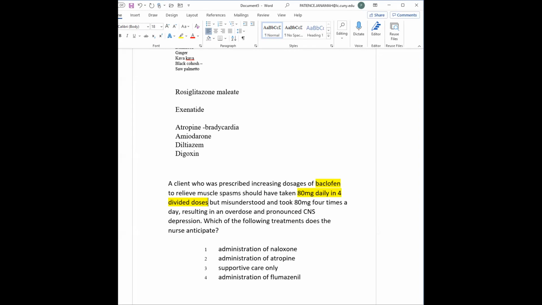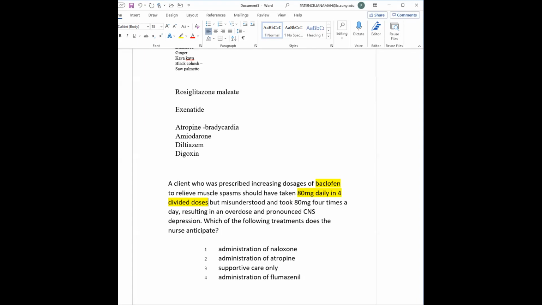So total for a day, how much was the patient supposed to get? 80 milligrams. No, all together. All together, everything. So it should be divided, like 20 mil for each dose.